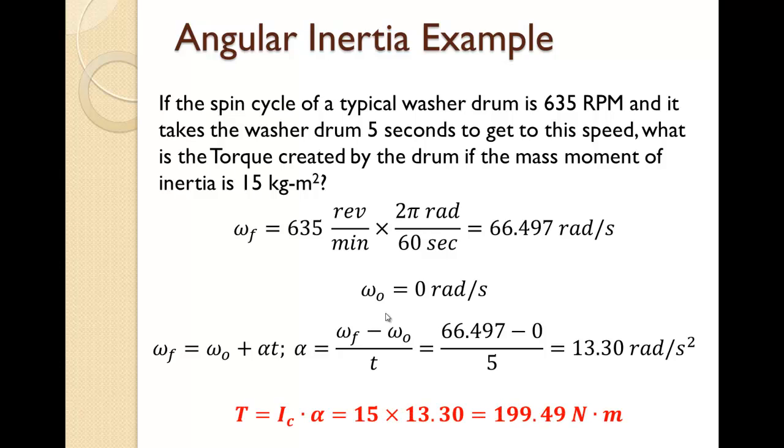And so going back to our original equation of torque, which is the moment of inertia times the angular acceleration, now that we know the mass moment of inertia was given in the problem to be 15, multiplying by the calculated angular acceleration of 13.3 radians per second squared, we get 199.49 newton meters.